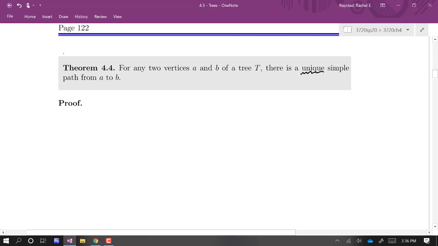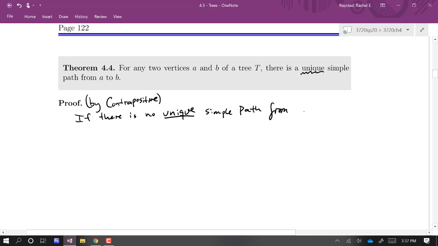There's only one way to get from A to B. And we're going to prove this by contrapositive. So we will show that if there is no unique simple path from A to B, then T is not a tree.